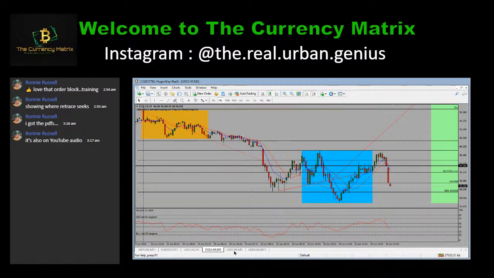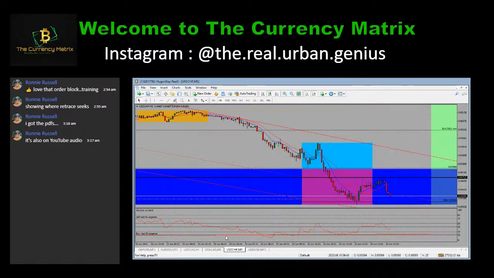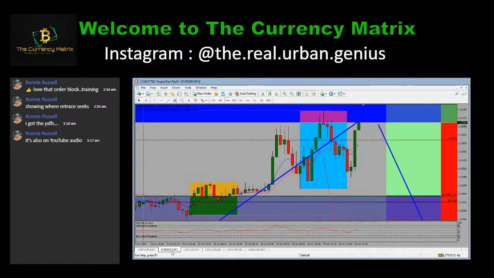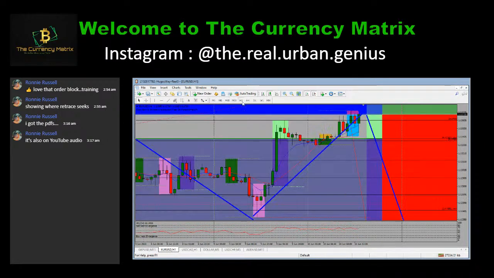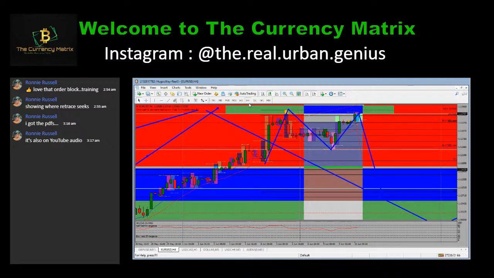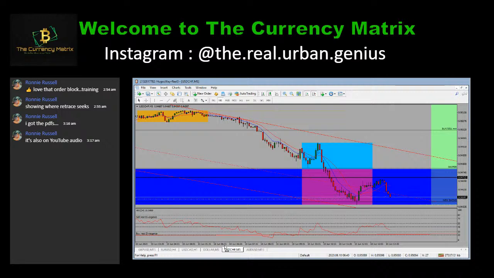So when there's news, and the overall trend is looking like it's going to go opposite of what the news says, and then the news comes out and spikes in whatever direction it's going to go. When you see news coming, really what you want to look for is structure on a higher time frame.